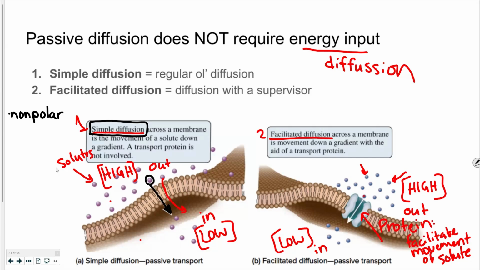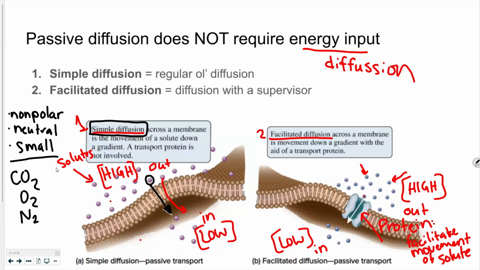And they have to be neutrally charged, right? No charge. And they have to be small enough to slip through. So some examples could be our gases.